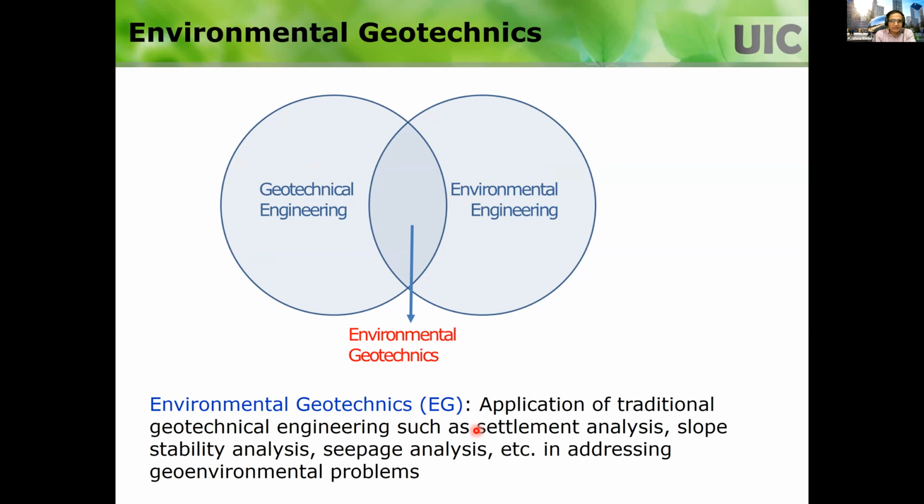For example, slope stability of a landfill liner system. You look at conventional slope stability analysis that you have done, and you apply the same thing. Settlement concepts are also applied, for example, calculating the settlement of waste. So these are all like applying the traditional geotechnical engineering to environmental problems.